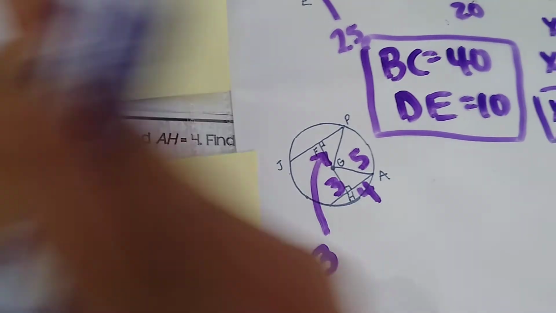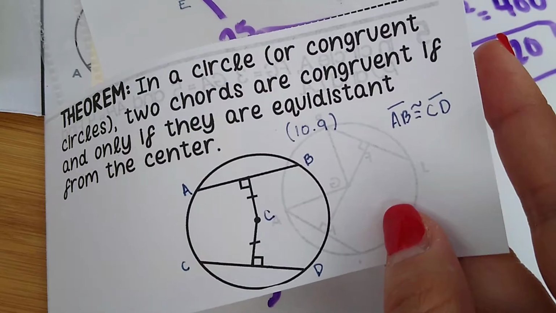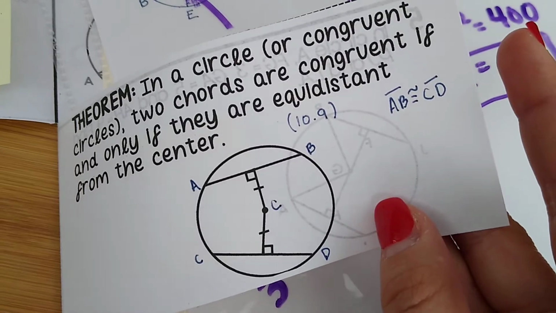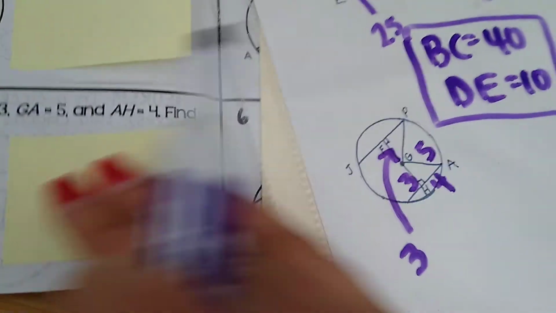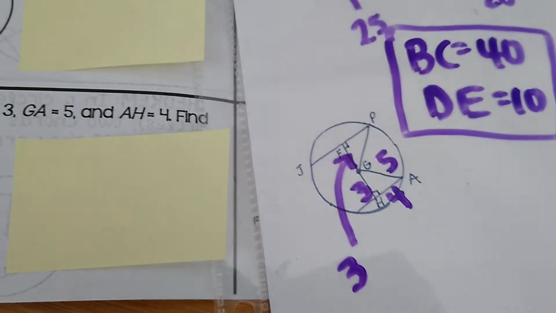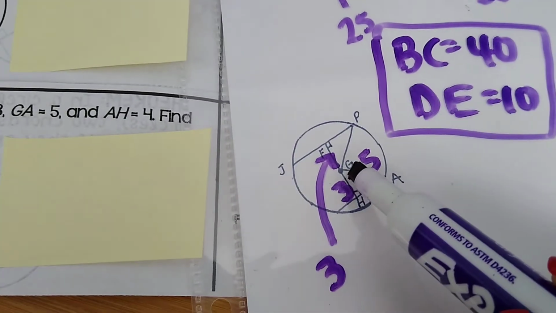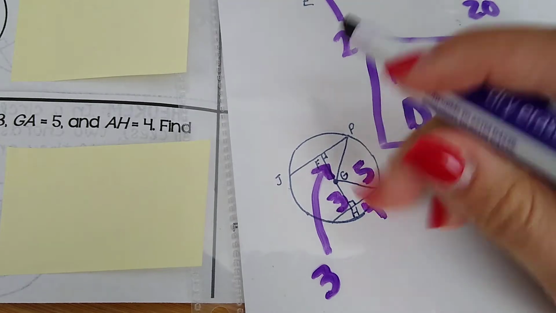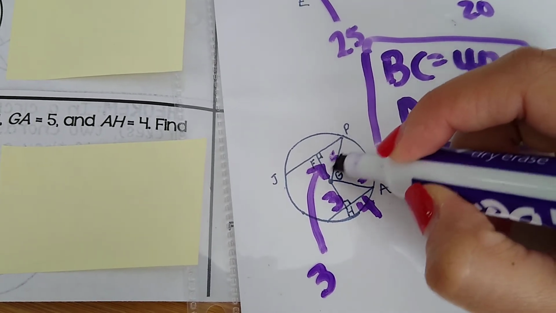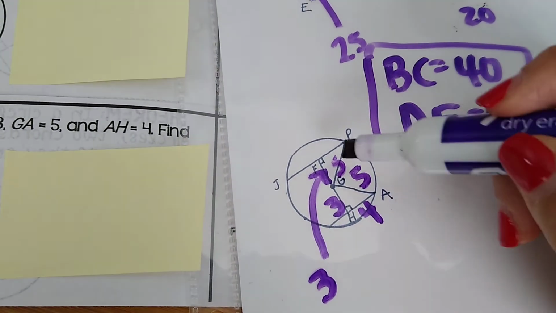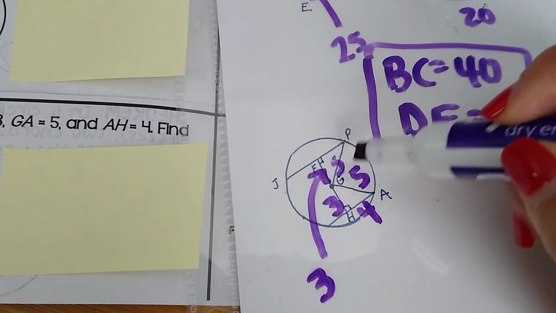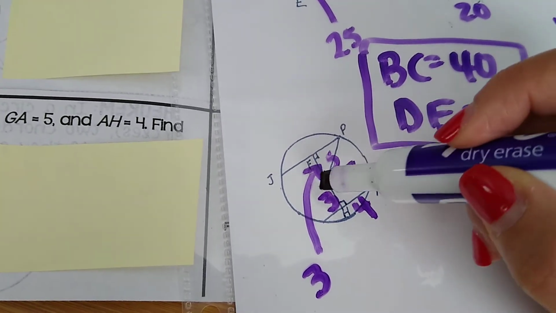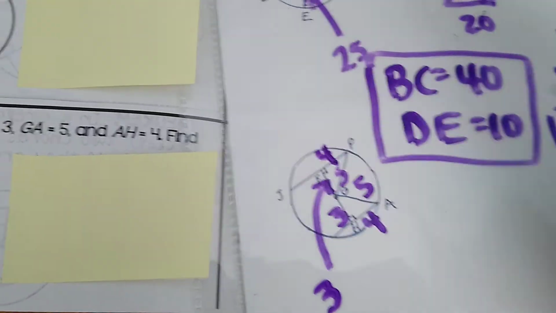That way now we can go ahead and apply the information that we have. Now we know that the chords are going to be congruent. So also note that this is a radius from here to here. So if this is 5, this GP also has to be 5. And now we can go ahead and apply the rules. It's also a triple. 3, 4, and 5.